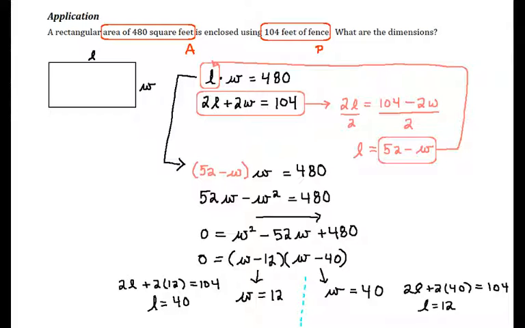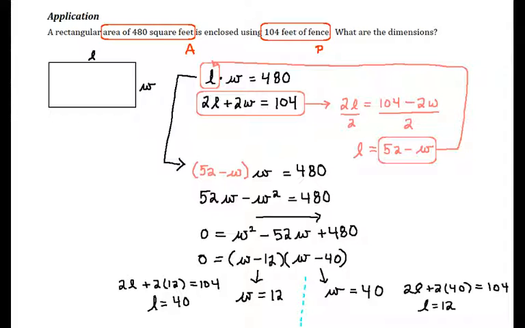So this is one of those unique situations where, even though these were both values of w, it would have worked, albeit incorrect, to have just put them together as the dimensions of the rectangle. The reason this came out is that both of our equations were symmetric with respect to L and w, so the equations didn't really care which variable was which.